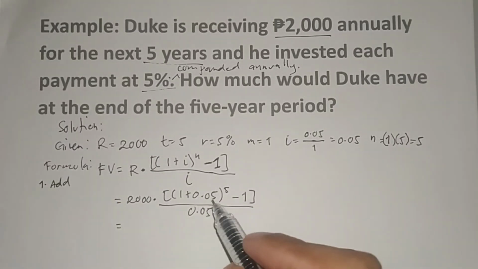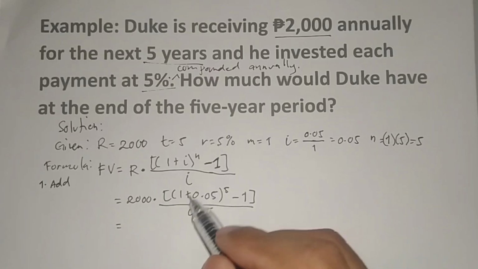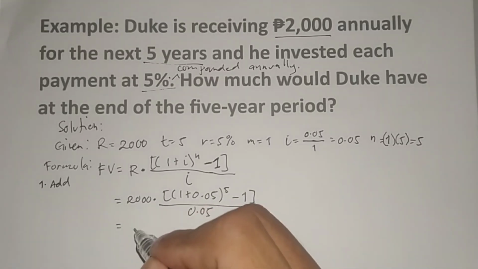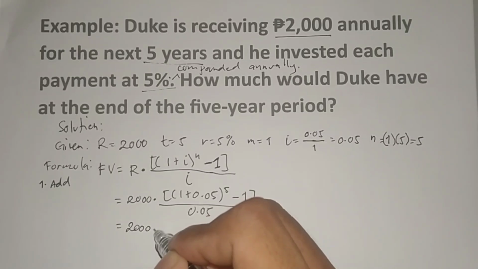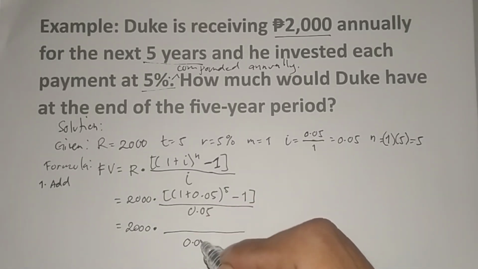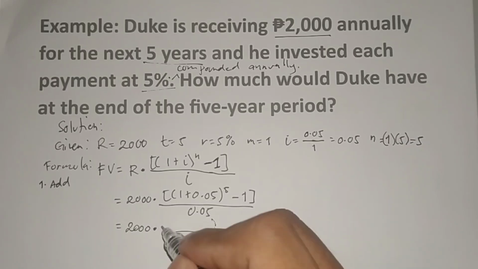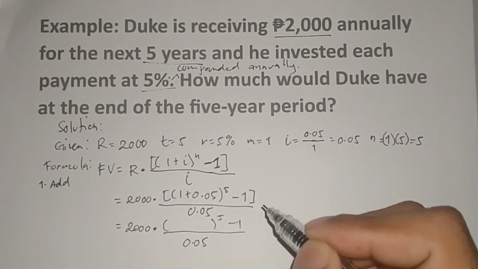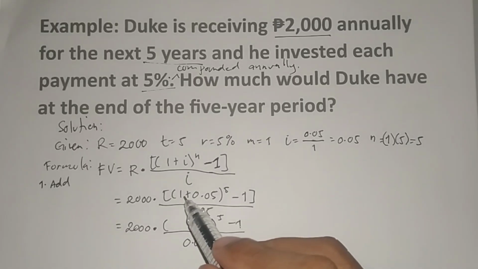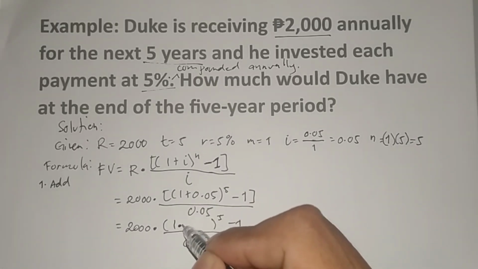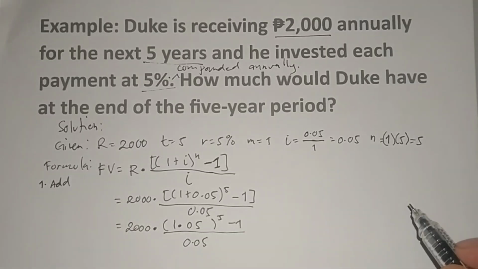Okay, so ito lang yung i-add natin. The rest we will copy it. So copy muna natin yung iba. We have 2000 times, copy the 0.05, copy the 5 and the 1. Okay, then 1 plus 0.05 is 1.05.